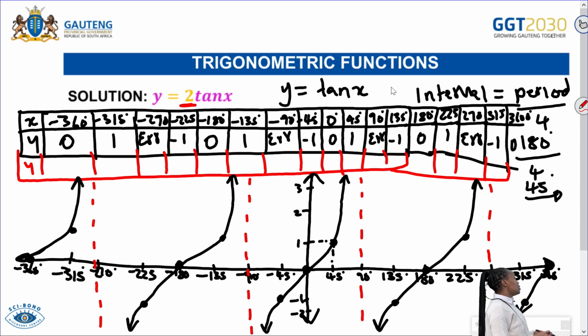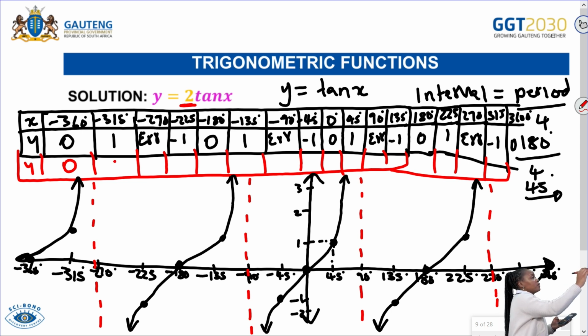So I'll have negative 360 degrees, I'll get 0. And at 315, it's going to be +1.